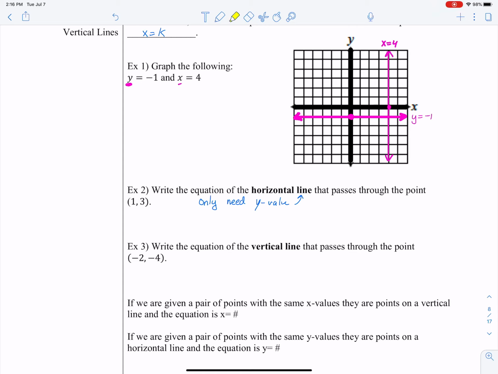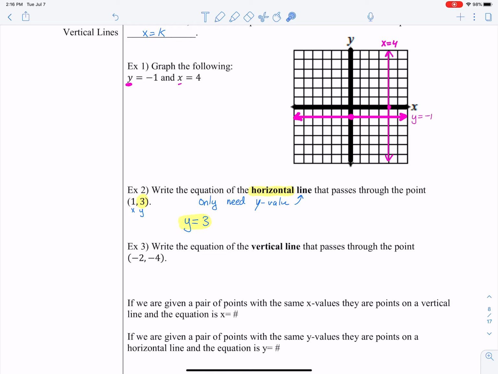Okay. So I'm going to look here, I'm going to find my y value. Remember, this is x and this is y. So my equation is going to be y is equal to, because it's a horizontal line. And I look at my y value, it's 3. So my final answer here is y is equal to 3.